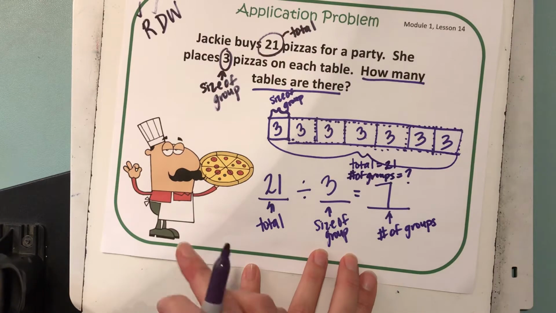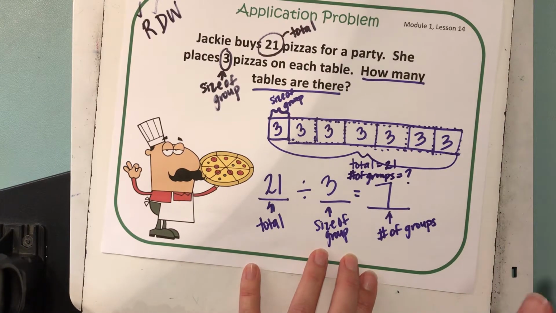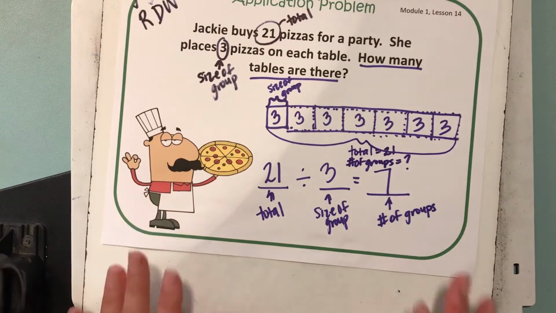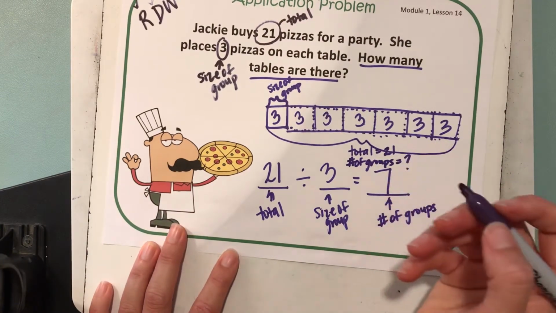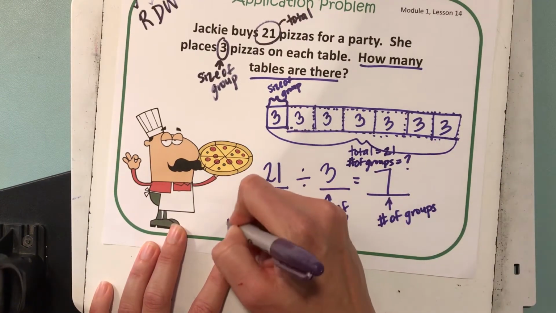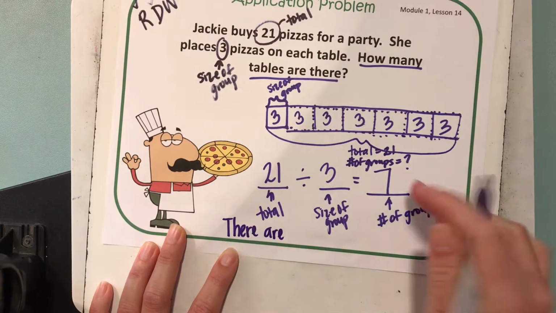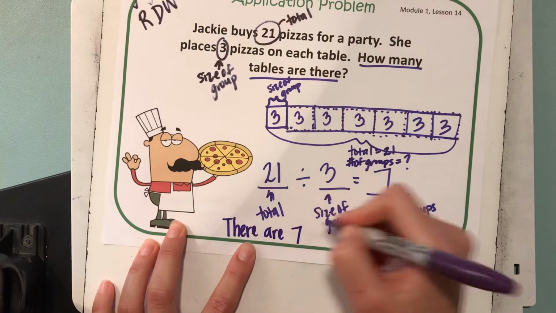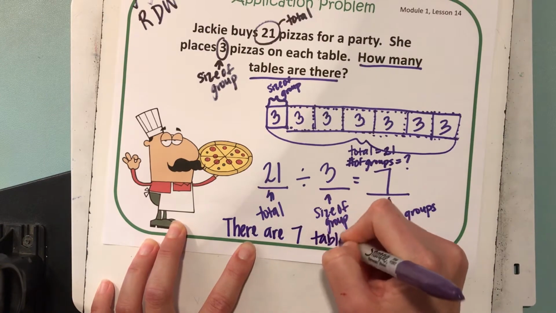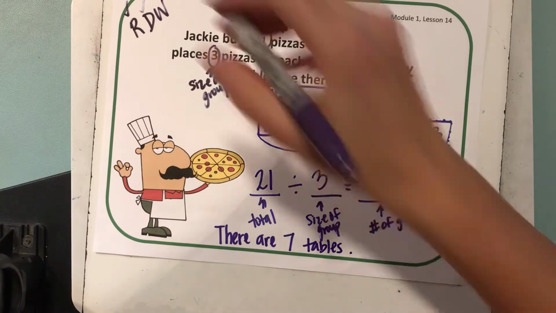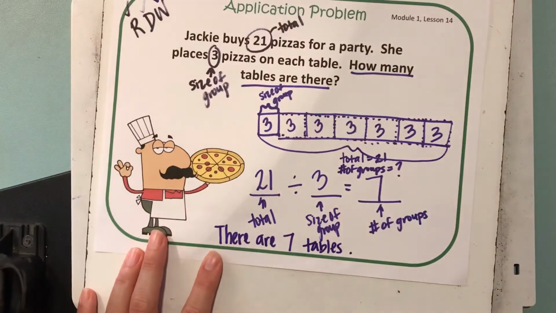So I read it, I drew it. Now I'm gonna write it. Remember, if I'm going too fast for you, you're more than welcome to pause the video. Okay, so there are how many groups? 7 tables. There are 7 tables. Okay, and I wrote it.